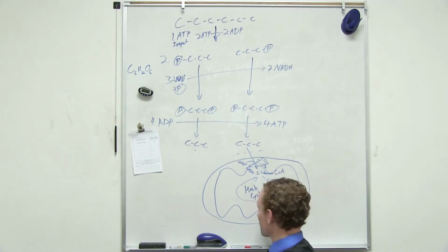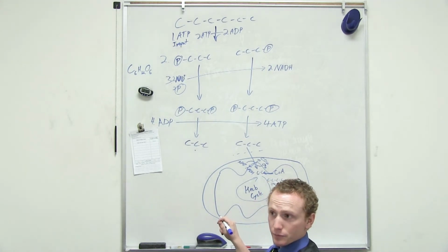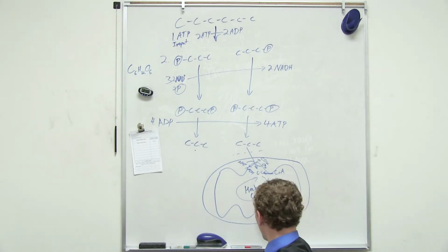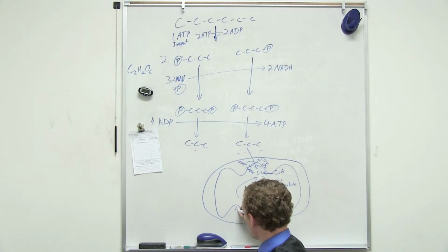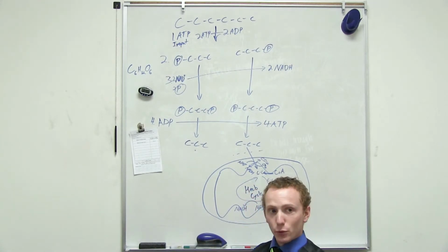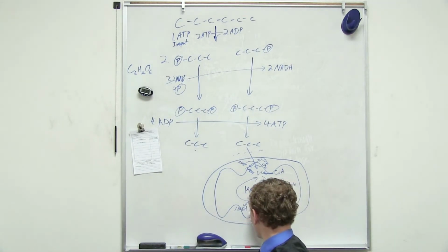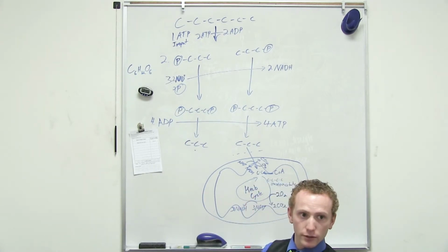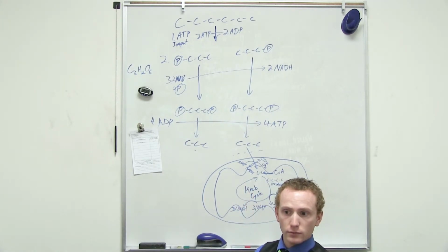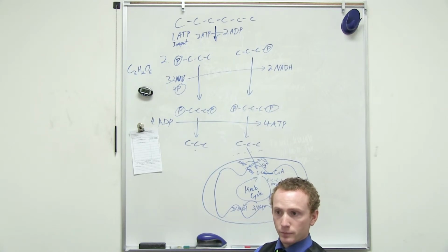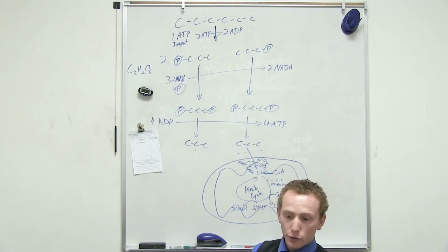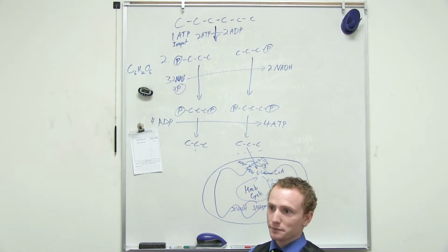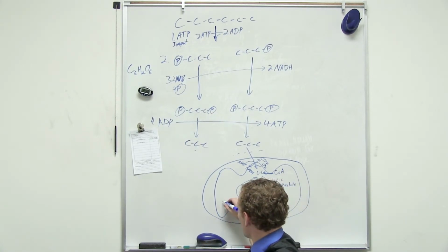What are going to be the other products? NADH. So we're going to have NAD plus come in, and we're going to form NADH. How many NADH? 3. So 3 are going to come in, and we're going to get 3 NADH. Just remember these because these are the products. And what else?